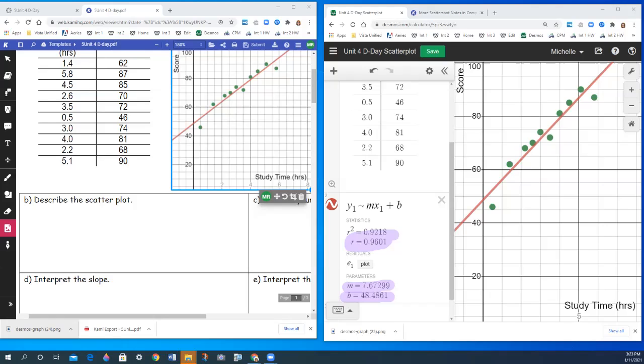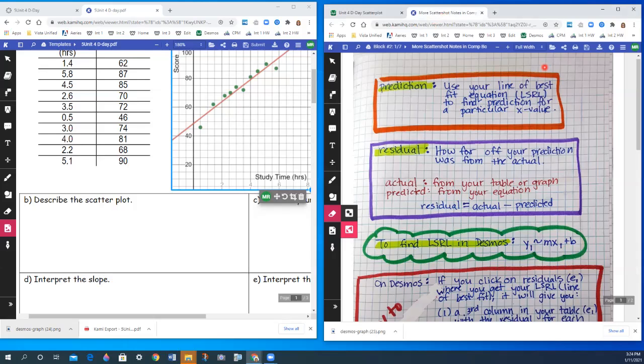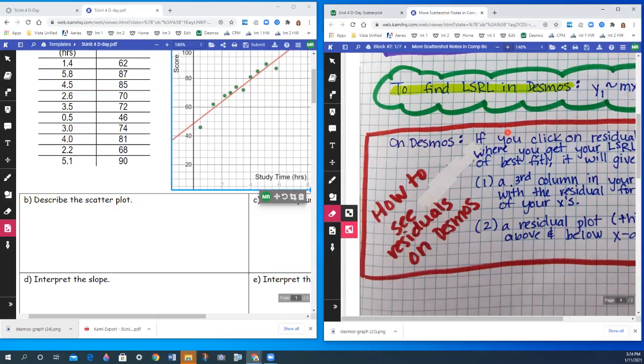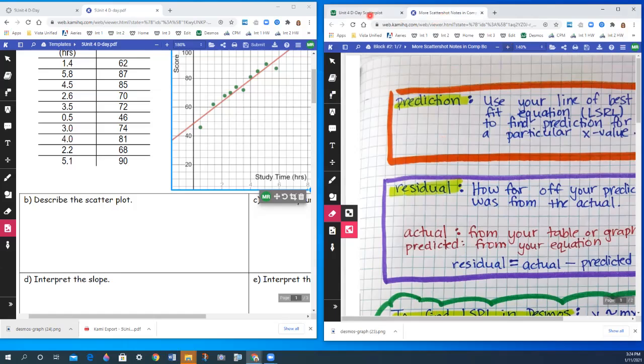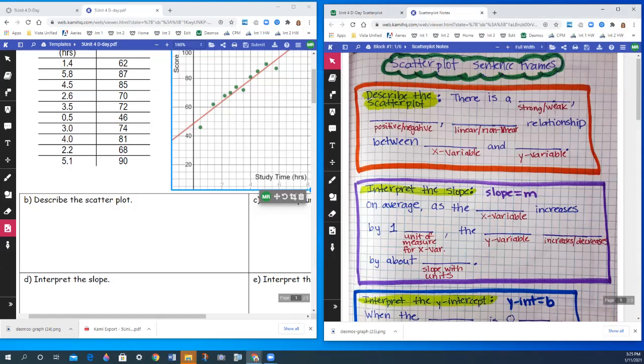Okay, so for describing the scatter plot, I am going to be looking at my sentence frames. Here is our described scatter plot.